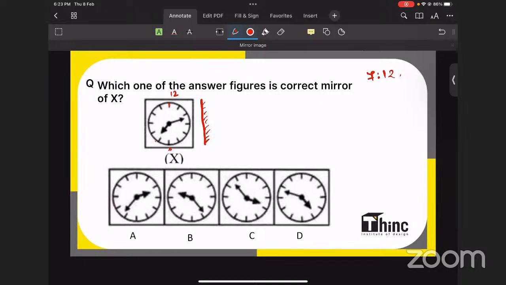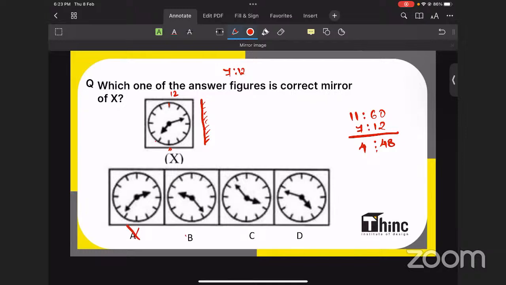The constant which we'll be using is 11:60, and the time given is 7:12. Simply subtract 7:12. The resulting figure will have the time depicted as 4:48. Which clock is showing this? Option A is not showing 4:48.